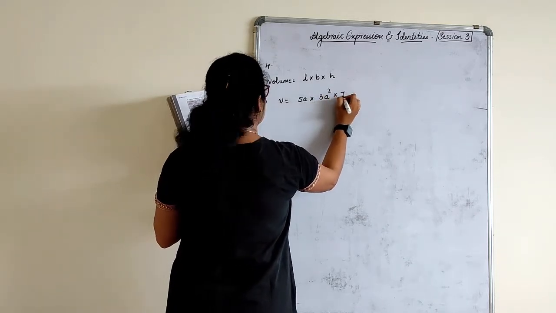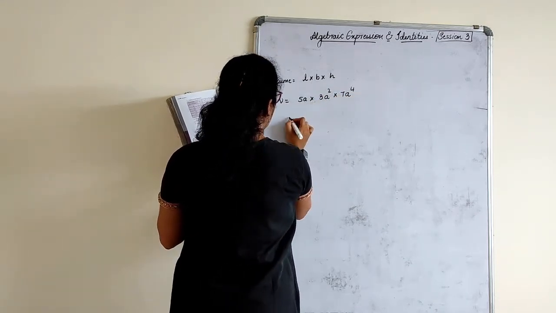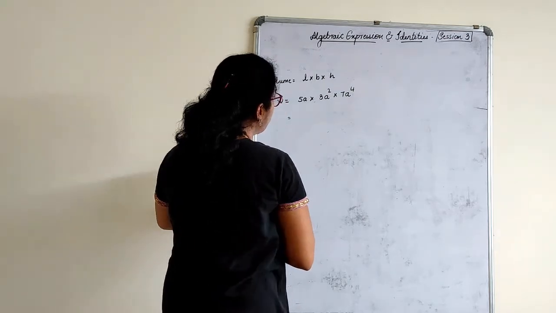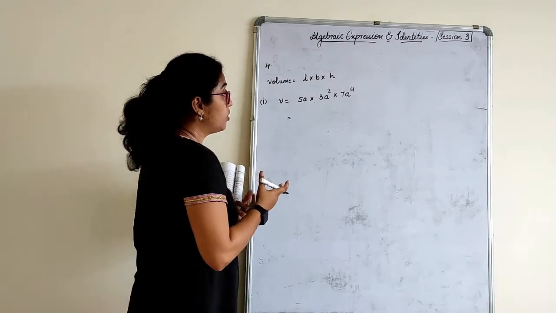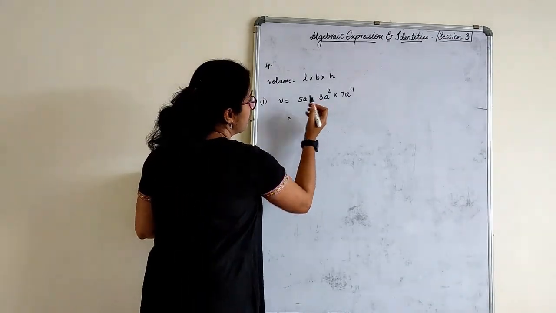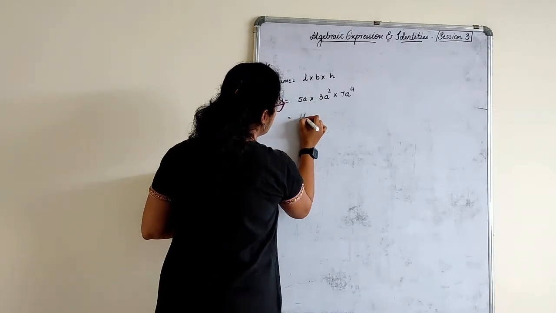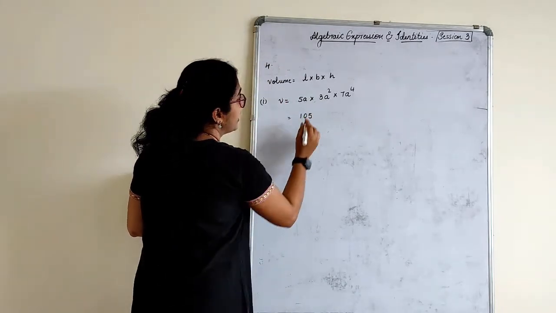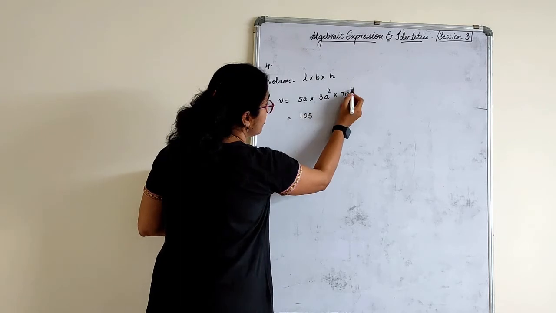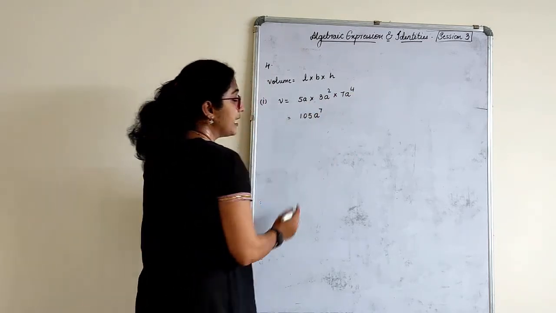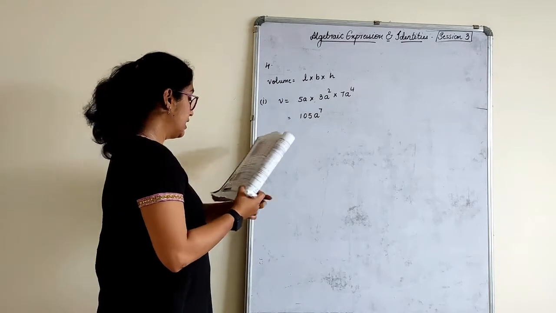So you have to multiply this. Now 7 threes are 21. 21 into 5 is 105. A how many times, children? 4 times, 2 times, 1 time, so 7 times. A raised to 7.